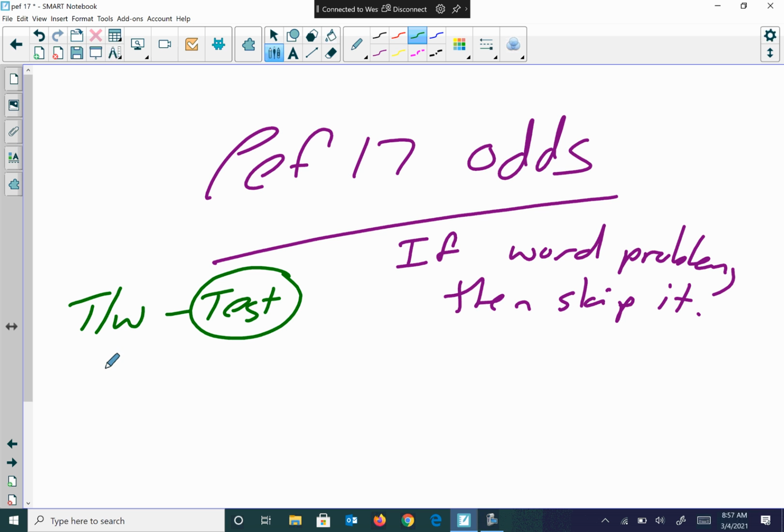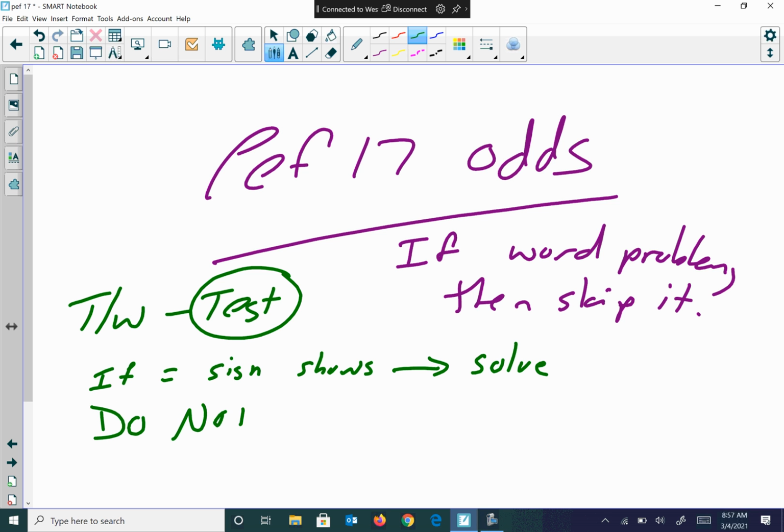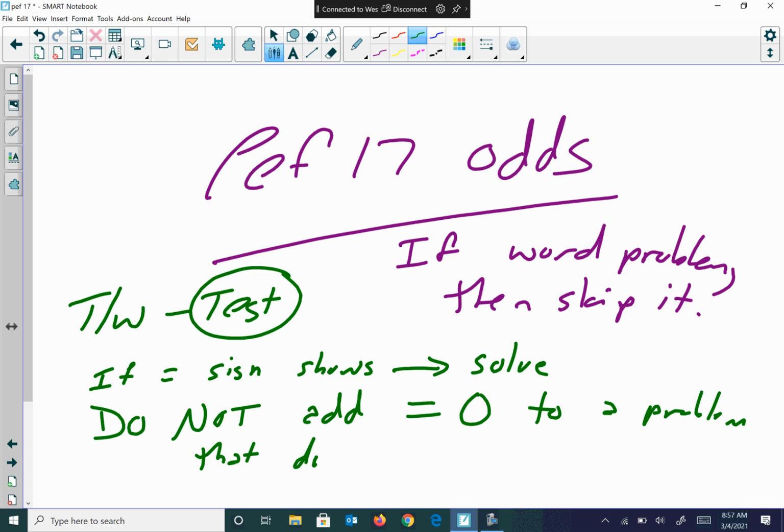So what are some things that we did? Well, some things to note. If an equal sign shows up, then solve. Do not add equal 0 to a problem that does not have an equal sign.